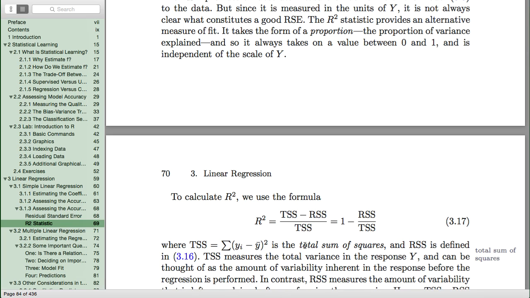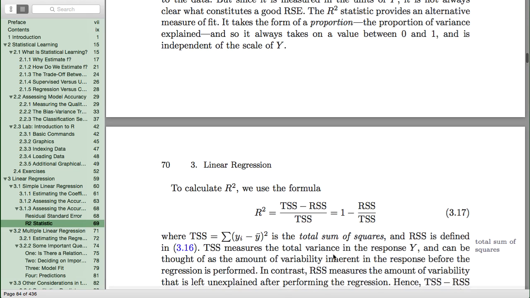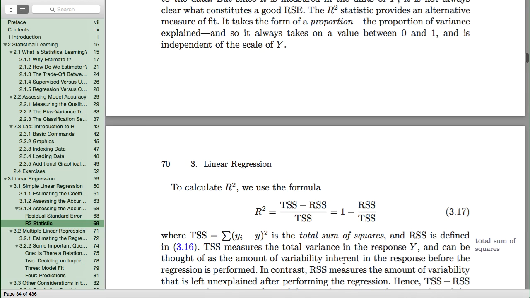So let's think about what these concepts mean. The total sum of squares is all of the variance in the response y. And this is all the variability irrespective of any regression that we do. And RSS is what's left over.